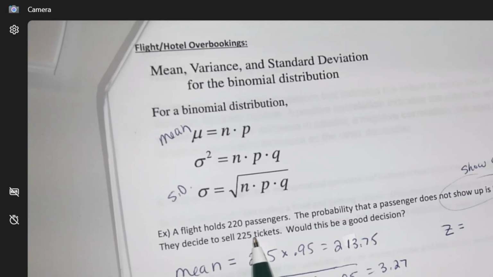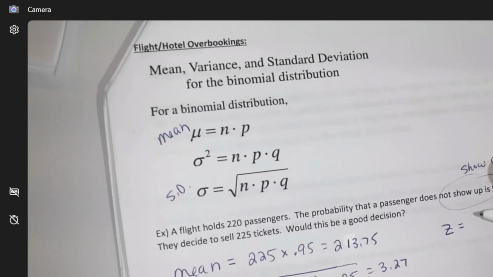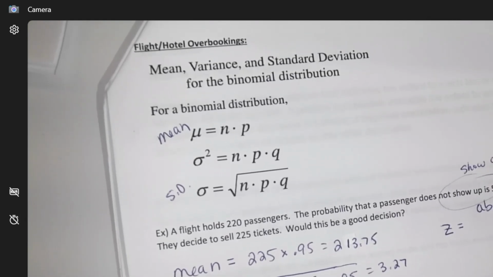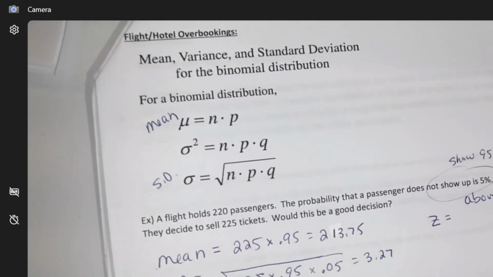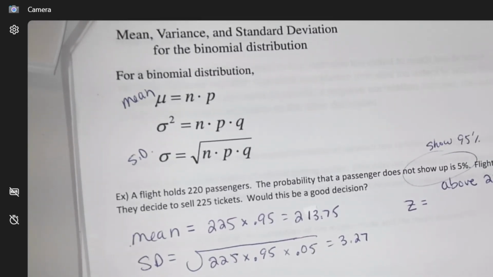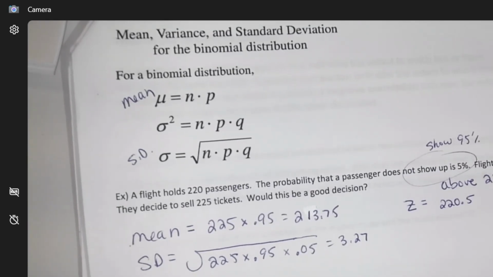So we're asking, what's the probability of being above 220? I'm actually going to use 220.5. That's what I'm worried about.